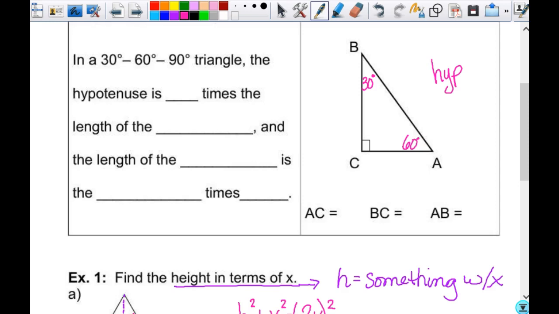What about the 30 degrees? The 30 degrees is the longer leg? I don't know what you mean by that, because a degree can't be a leg. You're on the right thought process there.